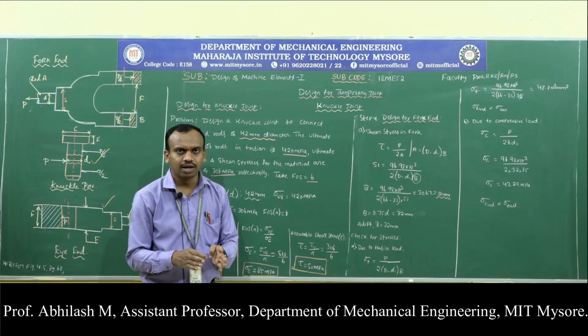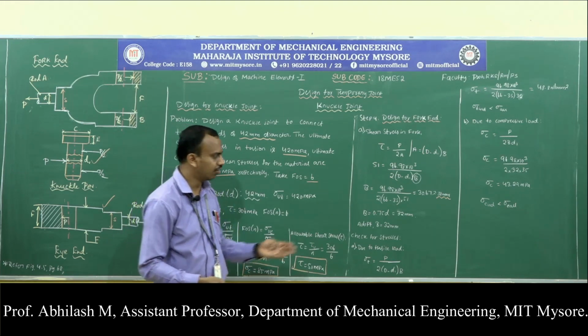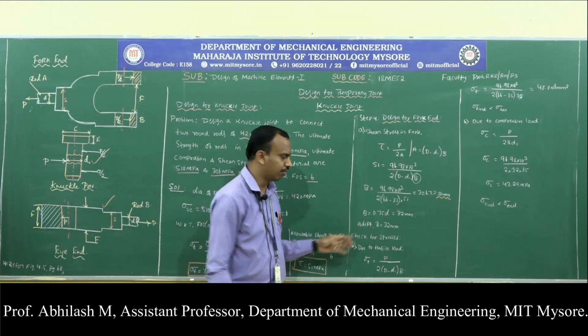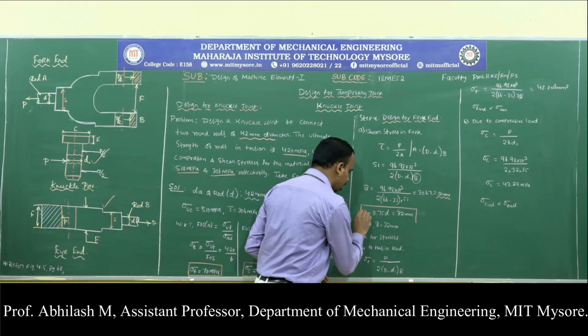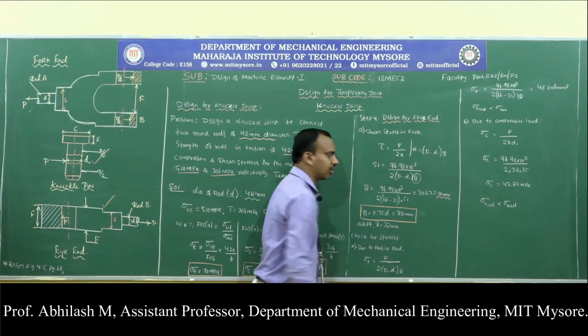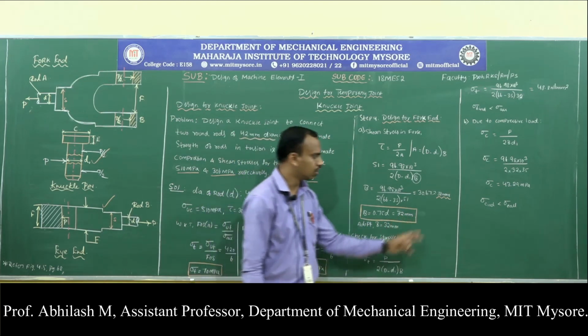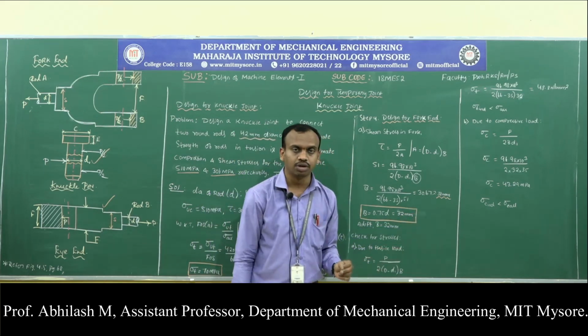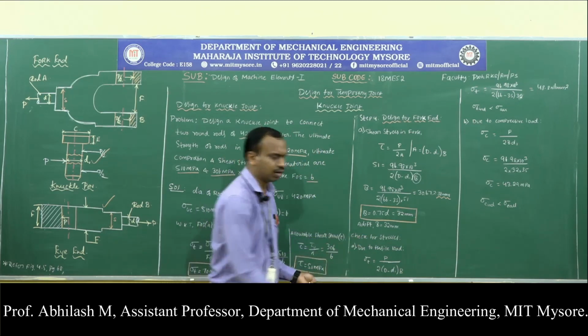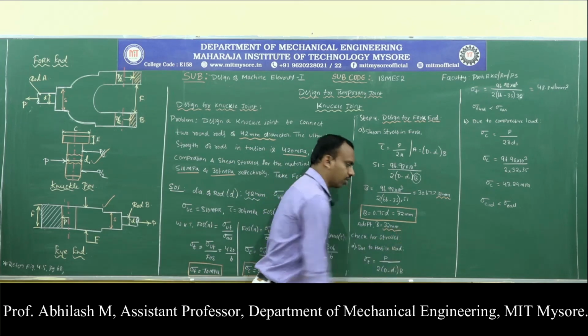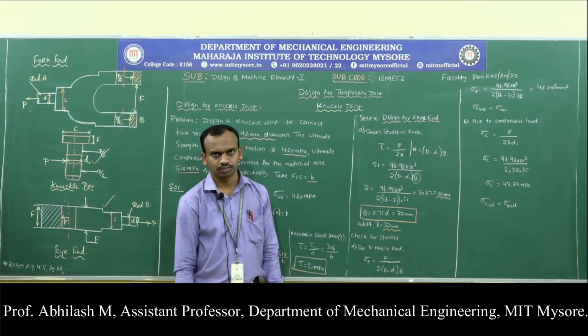But in the table, again we have the relation for B also, that is given by 0.7 times D. If I do that, I am going to get the value to be 32 millimeter. There is not much difference between 31 and 32. Still, we are adopting the major thickness value, that is 32 millimeter.